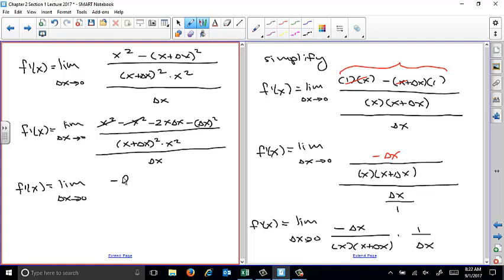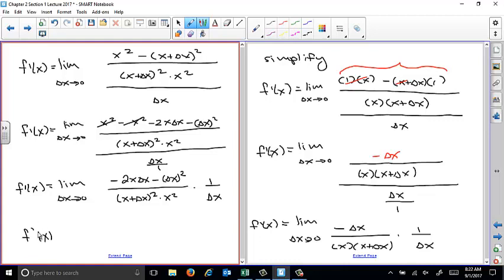So we've got negative 2x delta x minus delta x quantity squared, divided by x plus delta x squared times x squared. I'm going to go ahead and do this in two steps. Take the reciprocal of that, which is 1 over delta x, and this delta x cancels out with both of these. You have to divide each one of these by delta x. So this is the simplification.